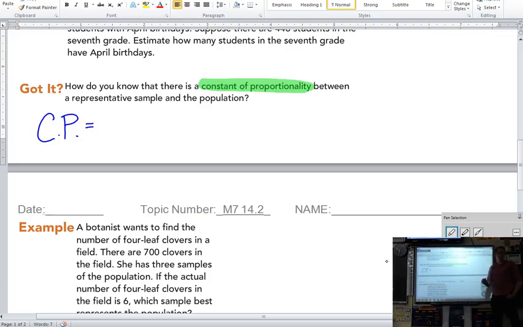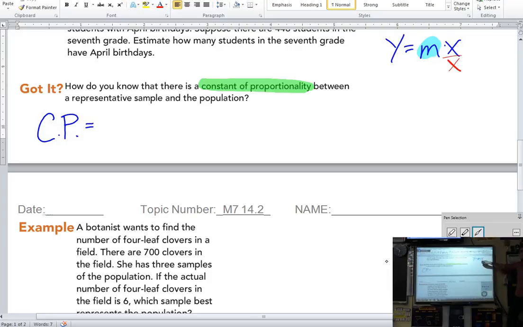Remember, that constant of proportionality was actually the m in the equation y equals m times x. So that constant of proportionality value, this m, if I wanted to get it by itself, what would I get rid of? How would I do it?